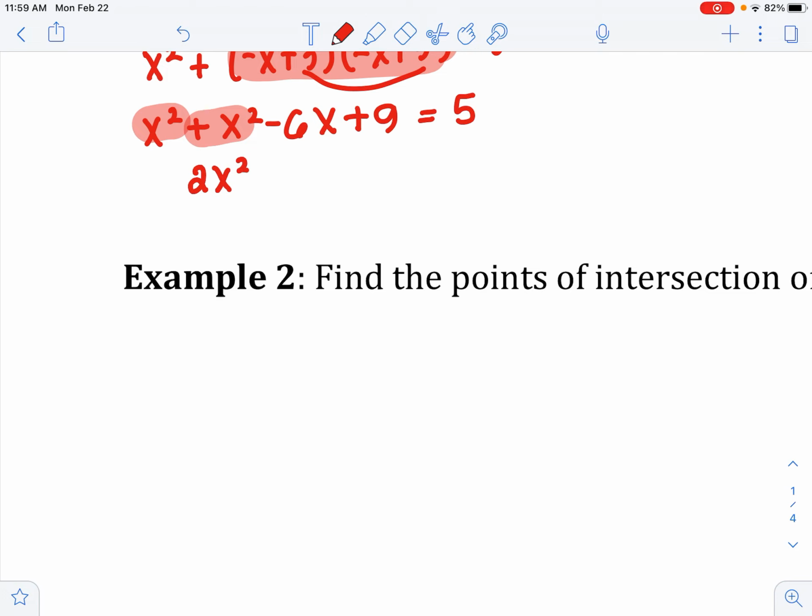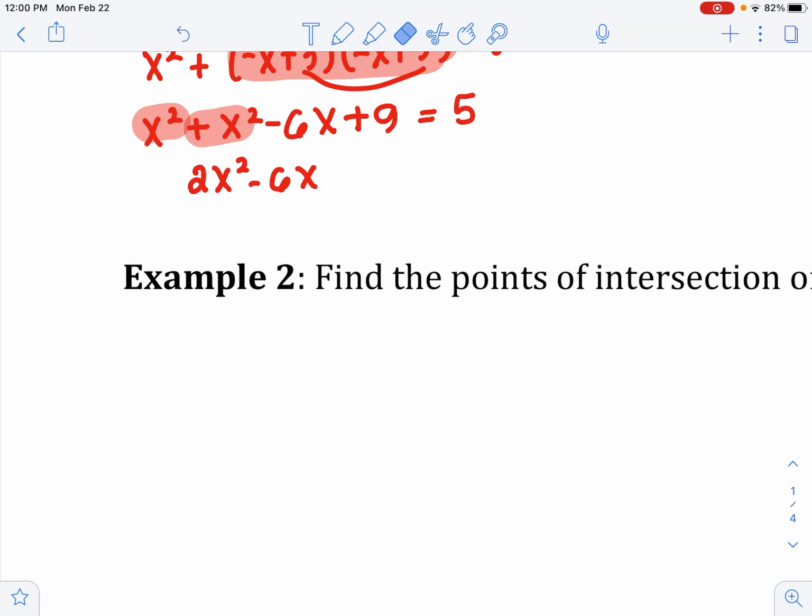All right, on the left-hand side, I can combine like terms. I have an x squared and an x squared, which is 2x squared, minus 6x, and then plus 9 equals 5. I realize I have a quadratic right now. And when I'm working with quadratics and I want to try to solve them, my first option is by square rooting, which I can't because there's an x squared and an x.